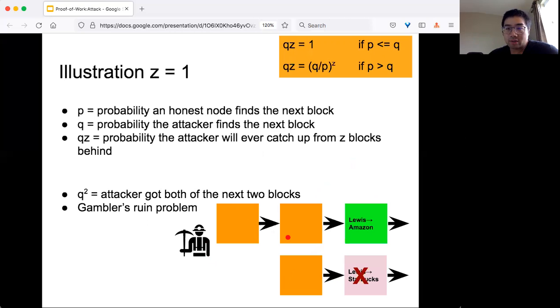But of course this is just one case. You also need to analyze the case where maybe the attacker gets 1 block, but the second block is gotten by the good person, and so on and so forth. The math analysis is called the gambler's ruin problem, which we will not cover today. But the idea is that there are 3 things: Q, P, and Z.